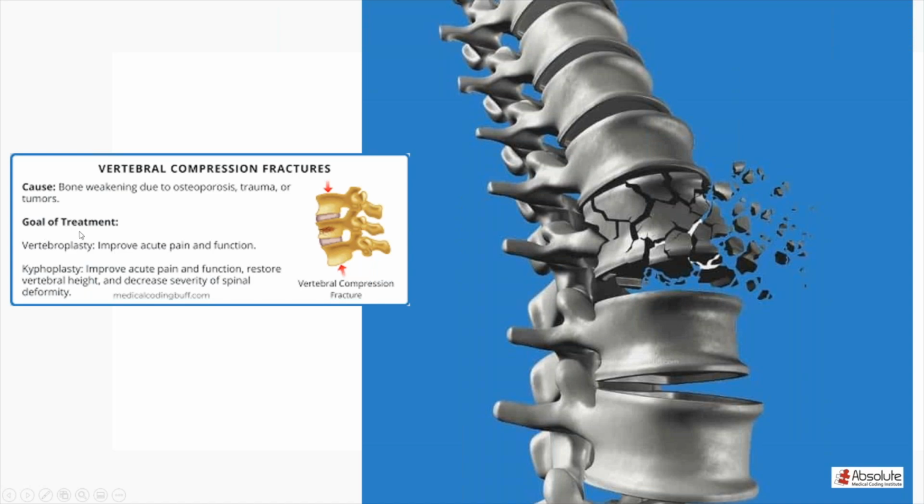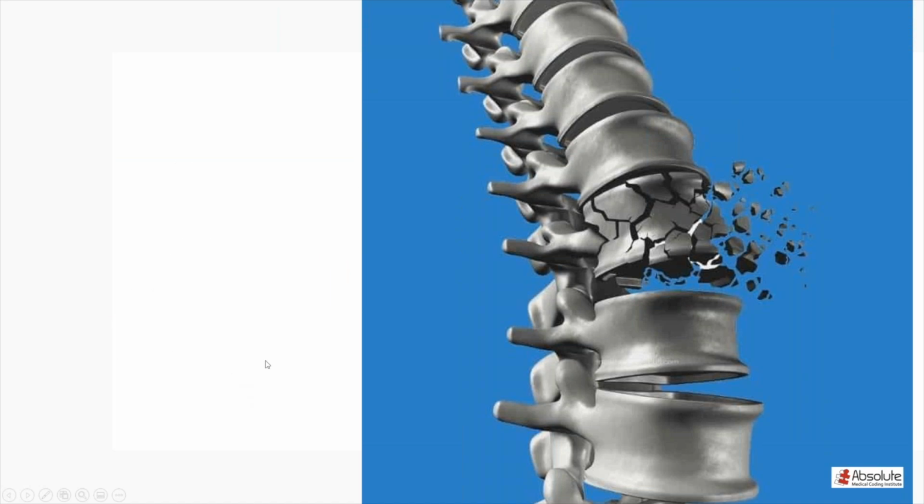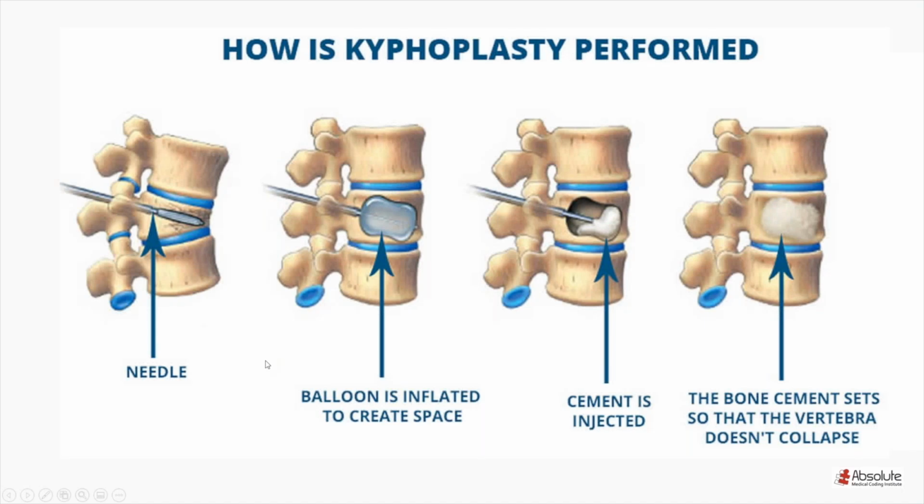The goal of the treatment, if you're coding for a vertebroplasty, is to improve acute pain and function. However, a kyphoplasty improves acute pain and function, restores vertebral height and decreases severity of spinal deformity. So kyphoplasty is a little more purposeful. The goal is to help restore the function of that vertebral body.